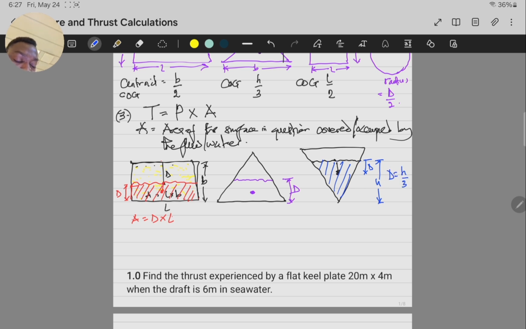And the area is going to be the area occupied by the water shape, which is half base times height. So this is the base and this is the height. It's just as simple as that.